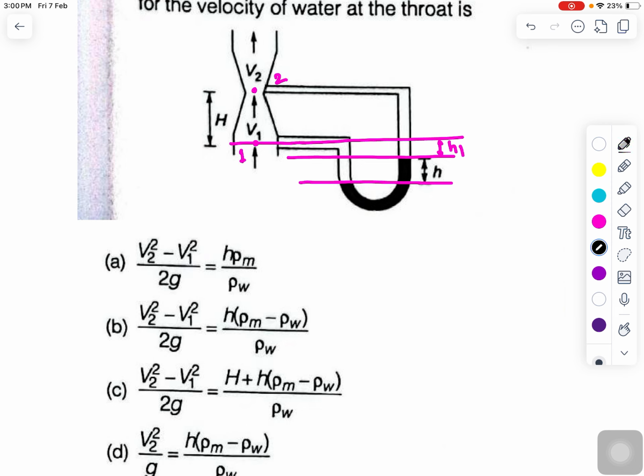Is that clear? If I want to maintain the pressure at this particular limb, the pressure at this point will be equal to the pressure at this point, right?